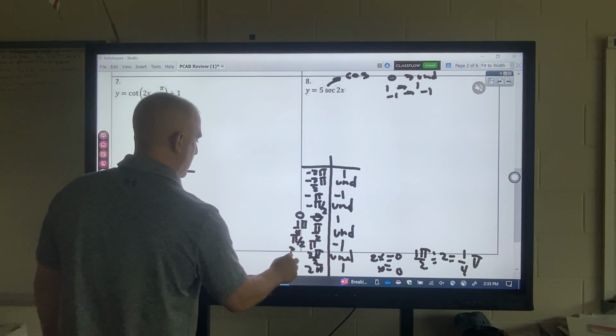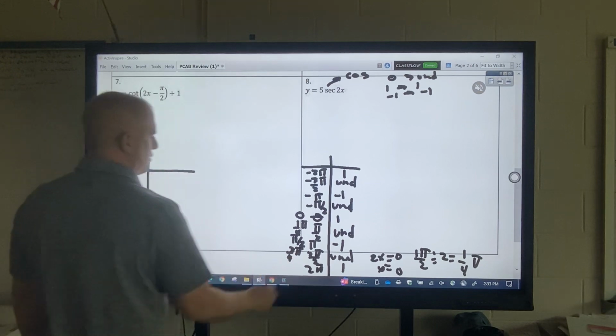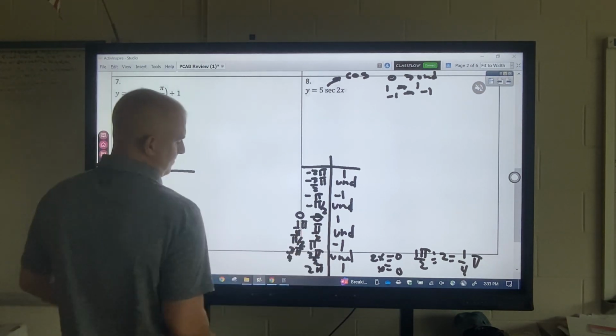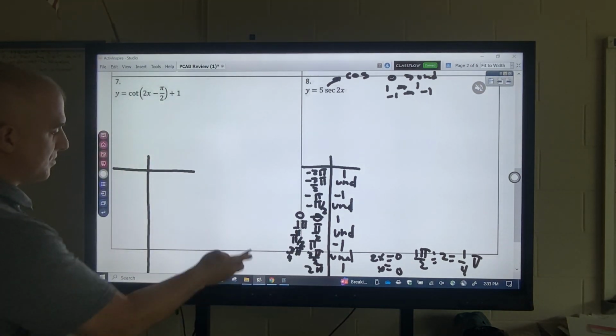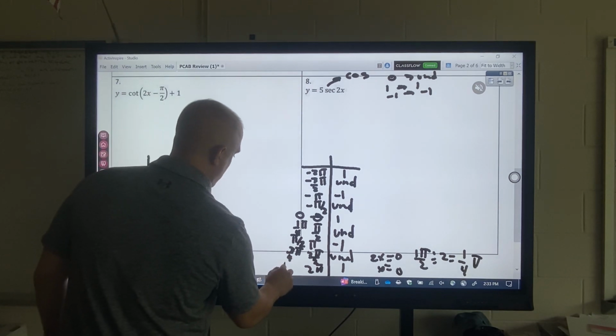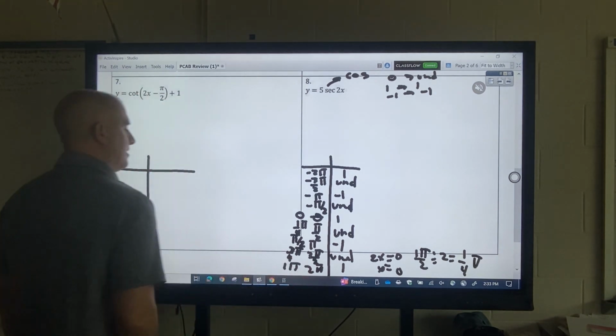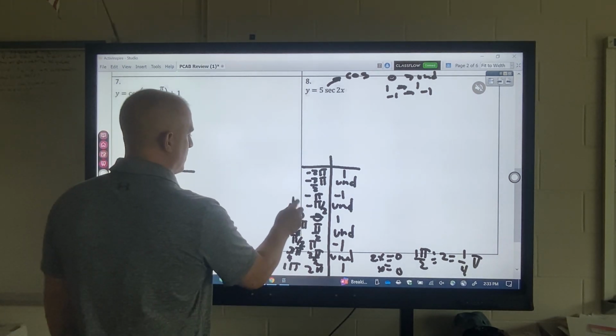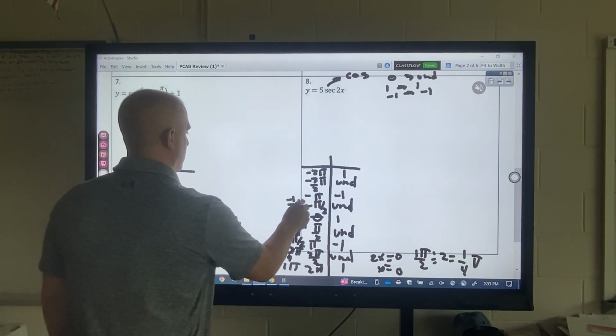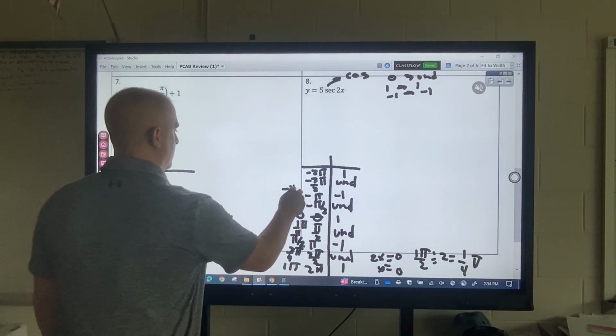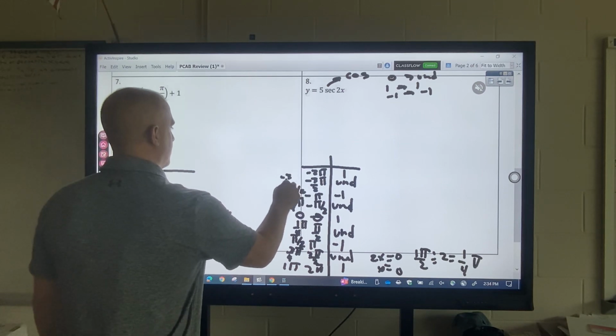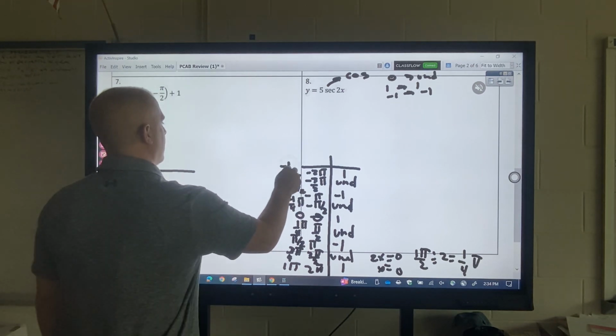Then 2/4 plus a fourth is 3/4, 3/4 plus a fourth is 4/4, or 1 pi. Then subtract that to be negative 1/4, negative 2/4, negative 3/4, and then negative pi.